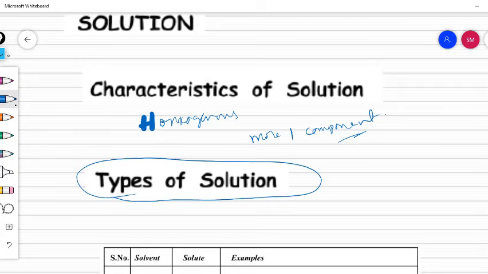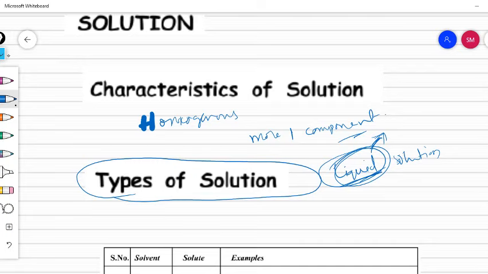Types of the solution. So as I mentioned in the title, liquid solution. The title itself indicates it is a liquid type of solution. Okay. Now we're going to discuss the liquid solution in depth.